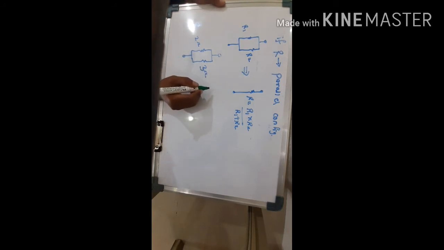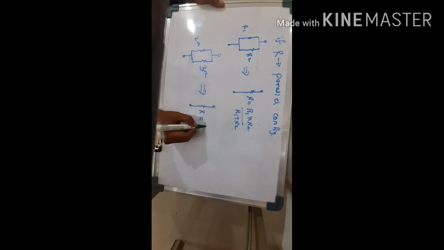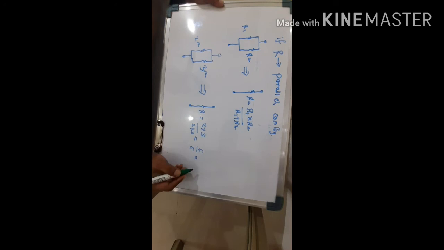So the resultant is R equals 2 into 3 divided by 2 plus 3. The resultant is 6 by 5, that is 1.2 ohms. So here this is the final answer, R equals 1.2 ohms.